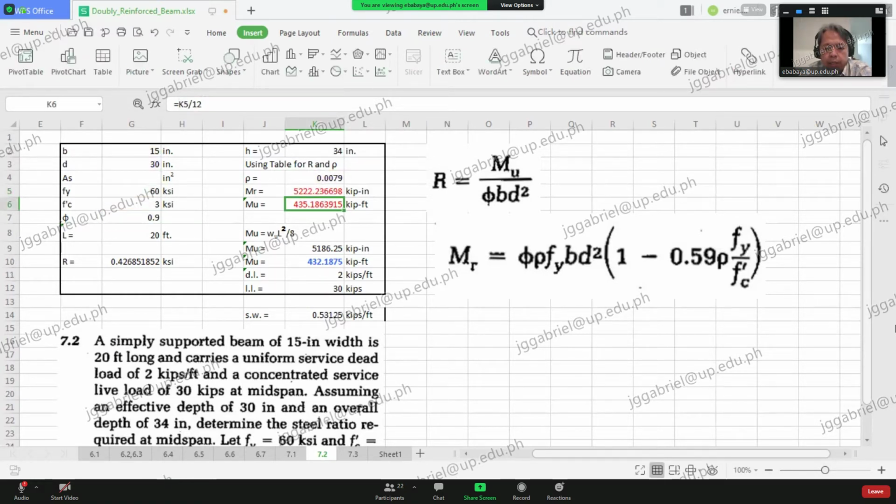Okay. Let us look for the table. Let us show the table.